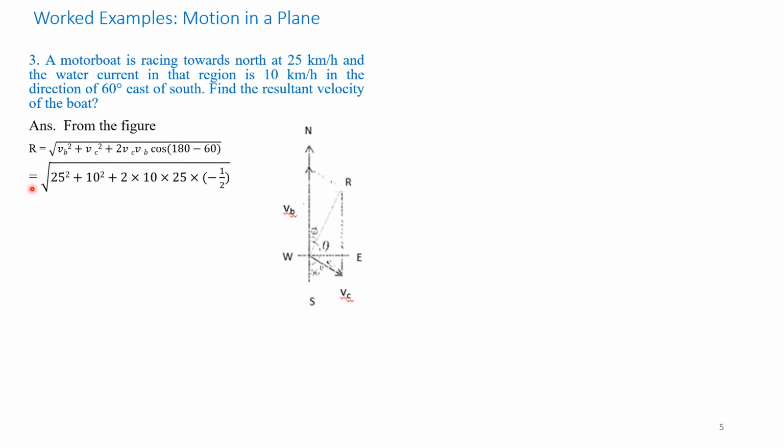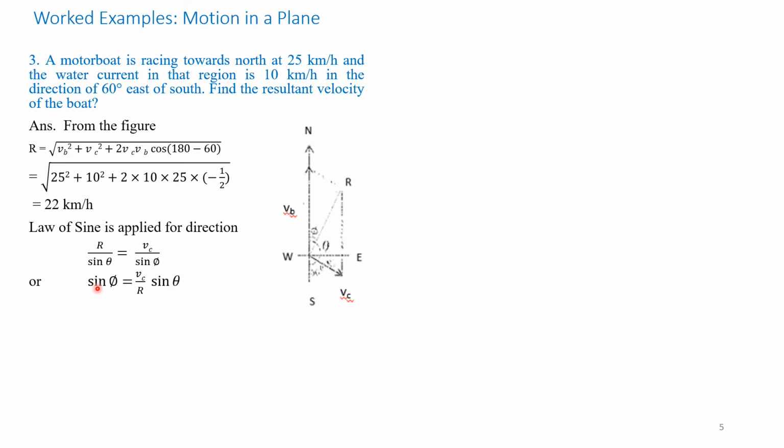Therefore, substituting the values of VB and VC, we get R equal to square root of 25 square plus 10 square plus 2 into 10 into 25 into cos of 180 minus 60, that is cos 120, which is minus half. From tables you can refer to it, that is equal to 22 kilometers per hour. Now we have to apply the law of sines for finding the direction, that is, R by sine theta equals VC by sine phi.